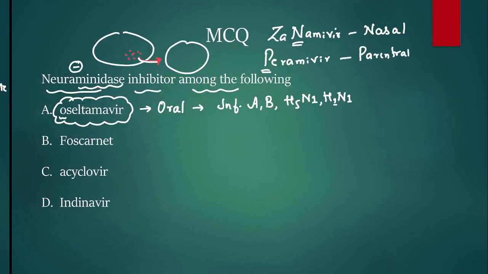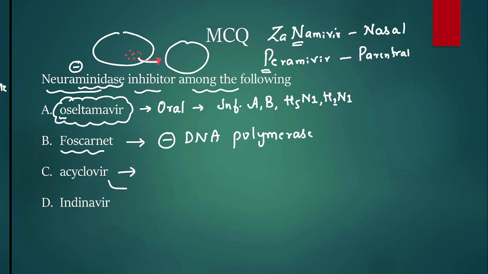So moving on to other options, foscarnet. Foscarnet directly inhibits DNA polymerase and thereby stops the DNA replication. And acyclovir needs to be activated, and after that activation it inhibits DNA polymerase.